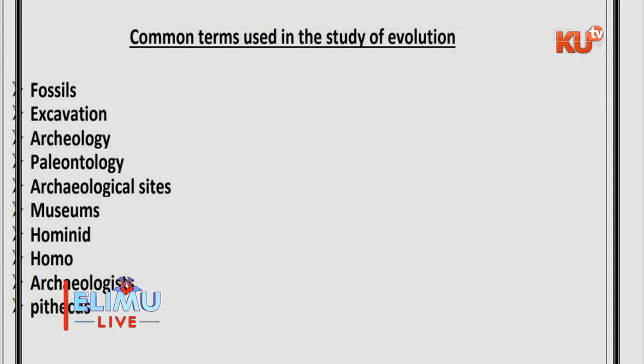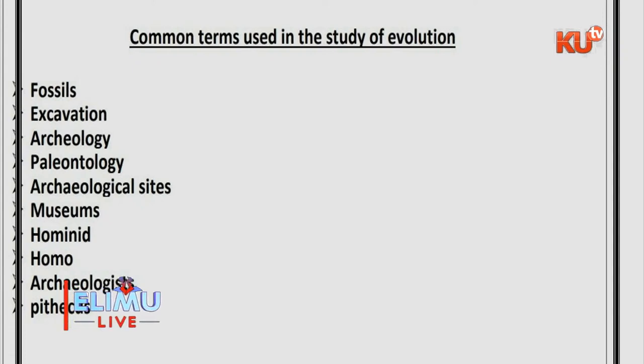The study of the digging of fossils is what we call archaeology. Archaeology is the study of fossils. And archaeological sites are areas where the remains of early man were discovered.